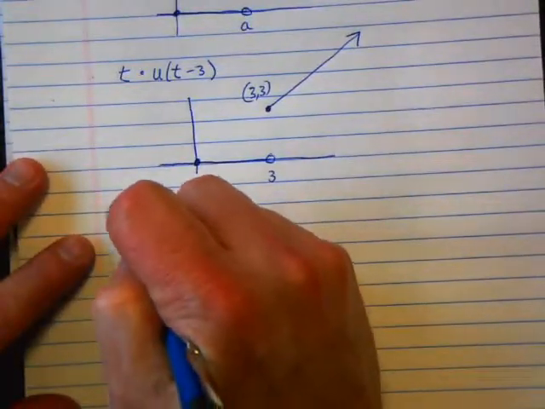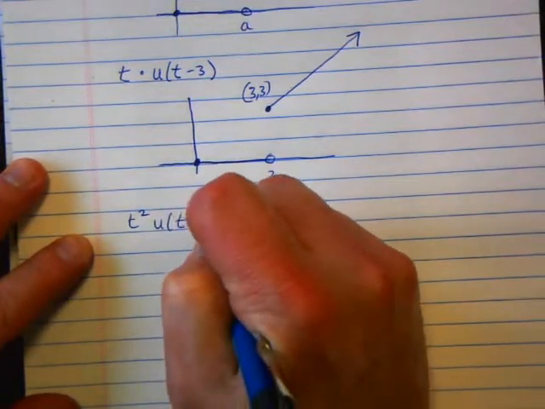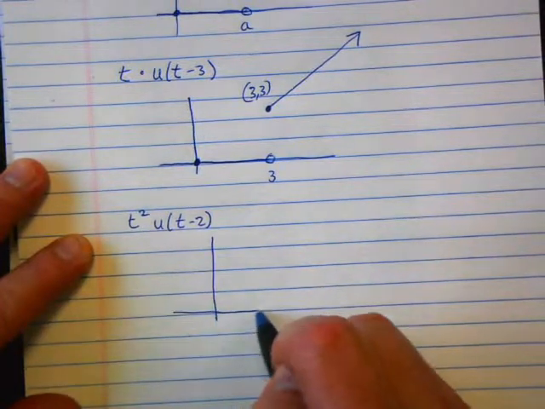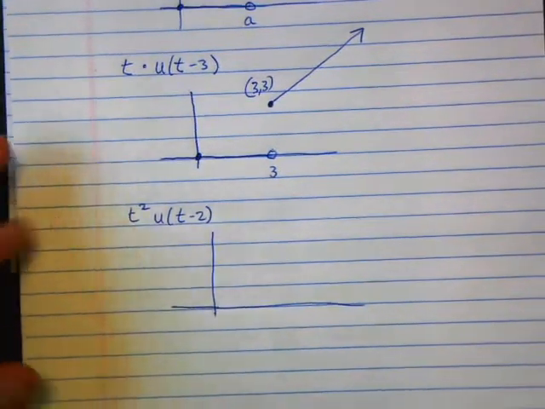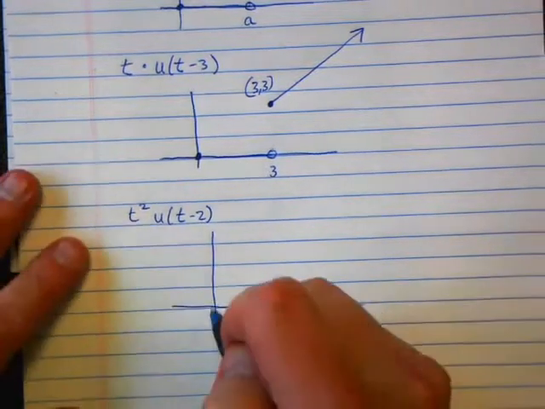Yeah, we might have t squared u of t minus 2. What would that graph look like? Zero up until 2.